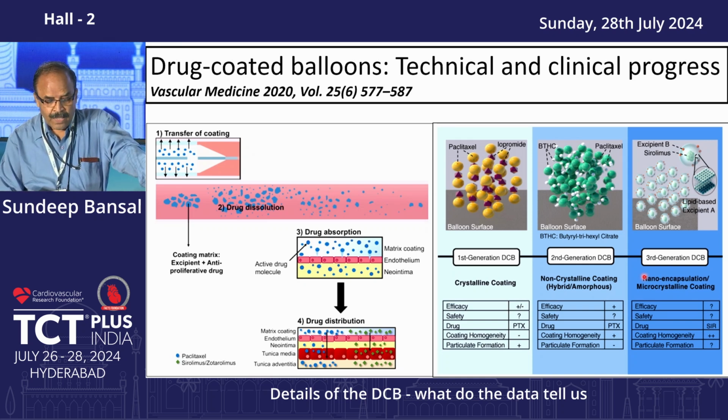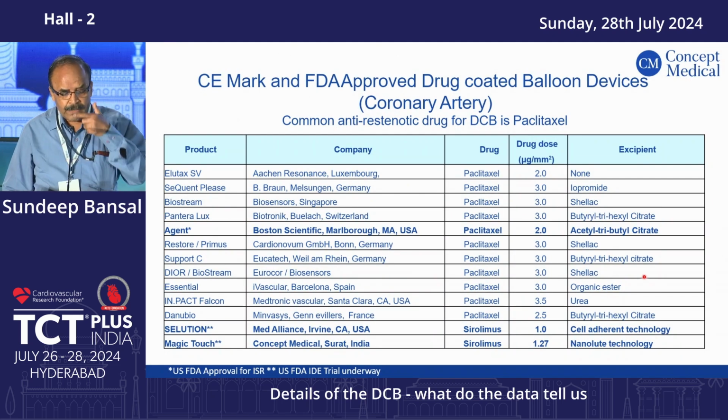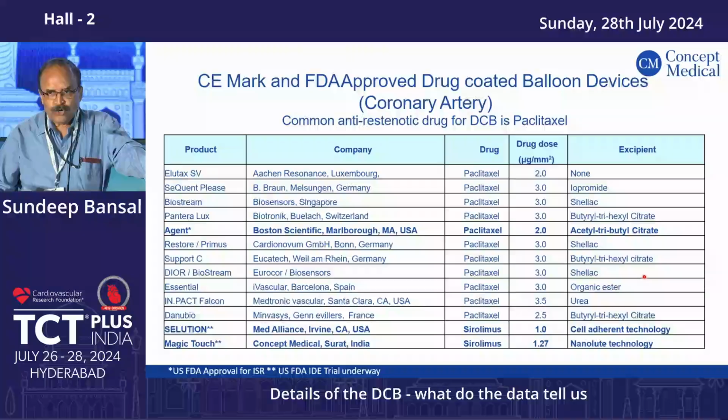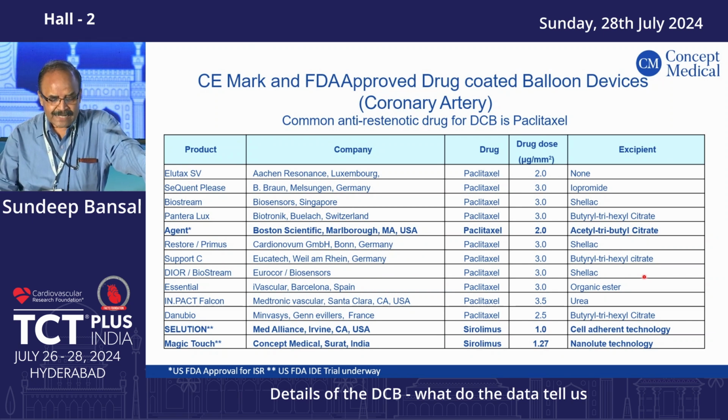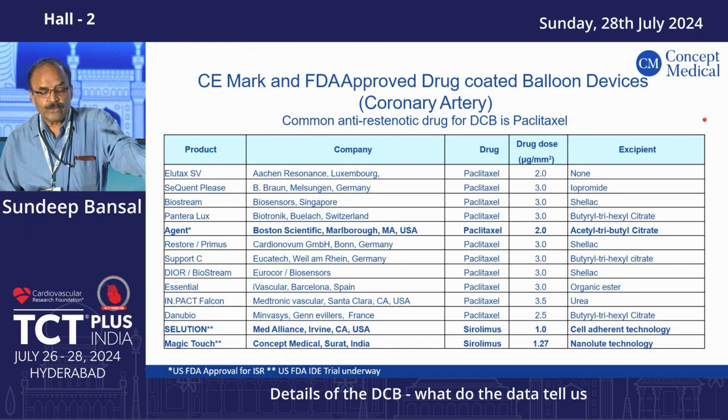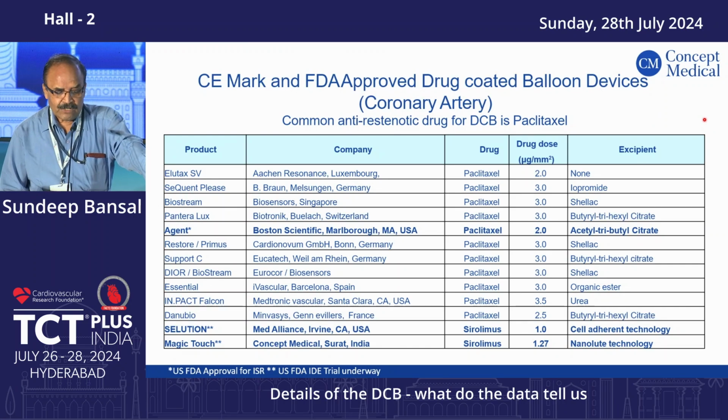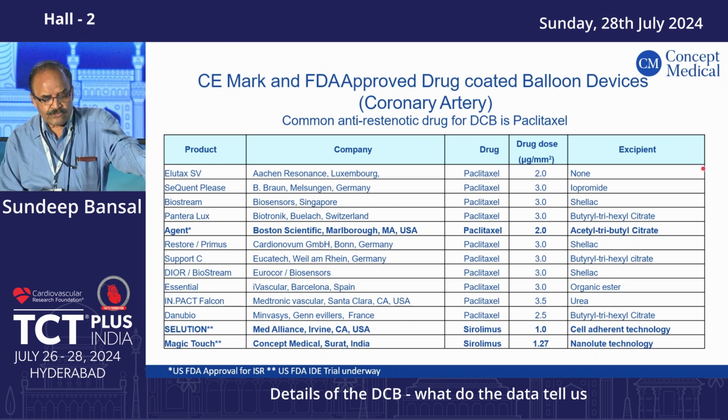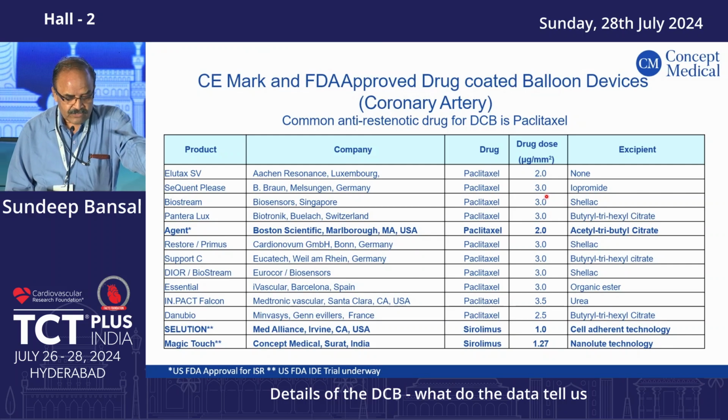As far as the data is concerned, as I said, for a long period of time, it has been paclitaxel based. So this slide shows all the CE marked and FDA approved drug-coated balloon devices which have been used in coronary arteries. And needless to say, a large majority of them are paclitaxel based, and we have used them all.